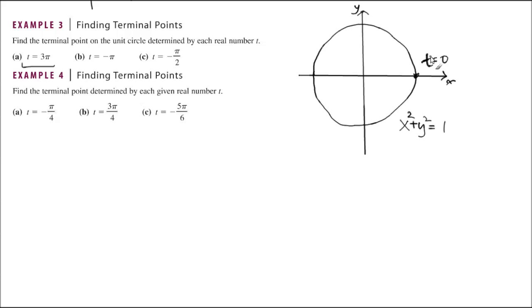So let's look at this one. 3 pi. How about pi? Where is pi radian? 180 pointed here. So we've got to do it two more times, right? The second time you get 2 pi. Third time you get 3 pi over here, right?